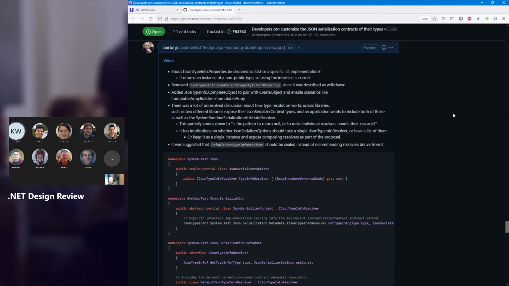And I think the question here is, what if instead of creating the immutable array builder, you create, say, any class basically, and then what does complete object do? Well, complete object would have to return the type of whatever the type resolver says it's building.